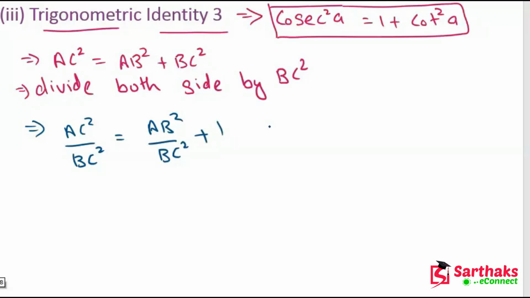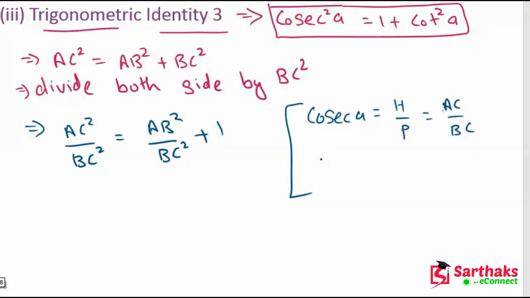Now we know that cosec A is hypotenuse upon perpendicular. Hypotenuse is AC and perpendicular is BC. And cot A is base upon perpendicular.